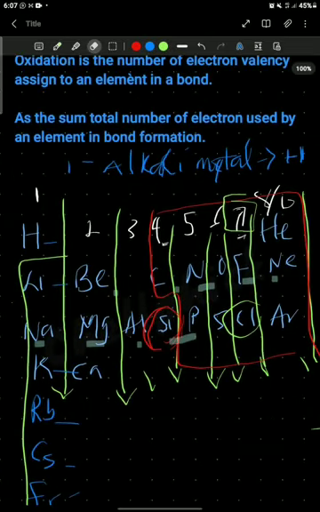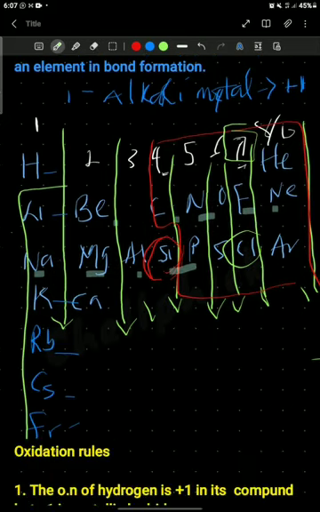Another reason why hydrogen can be placed in group 1 is that hydrogen reacts with halogen. So hydrogen can react with halogen. Likewise, all group 1 can also react with halogen.